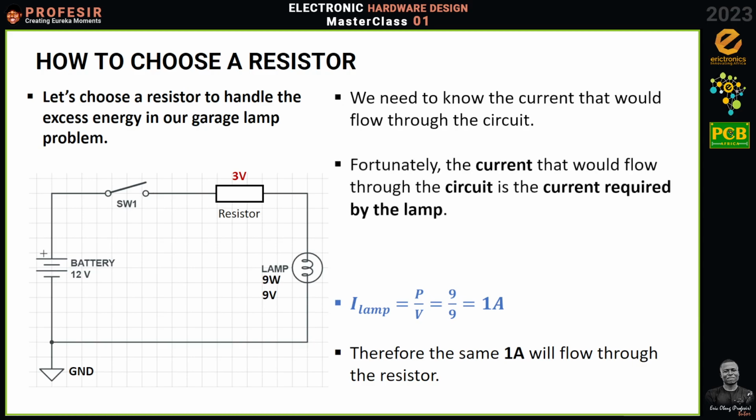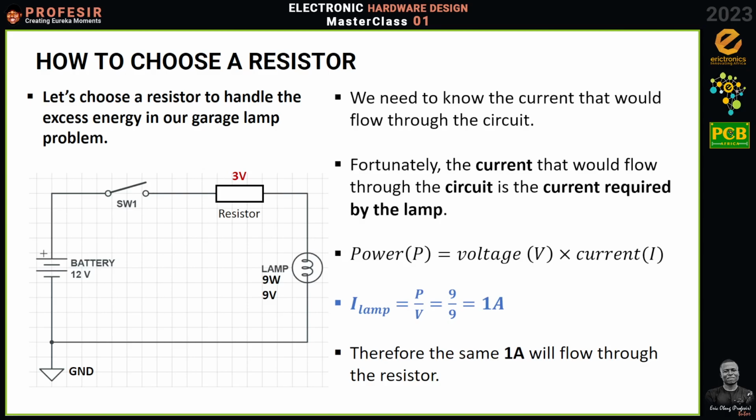Fortunately, we've already learned that voltage and current relate to power, by the relation, power is equal to voltage times current. We know the power to be 9 watts, and we know the voltage to be 9 volts, right? If we make current the subject, we get I equals P over V. We slot in the values, and we have 9 watts over 9 volts, which gives us 1 amp, right?